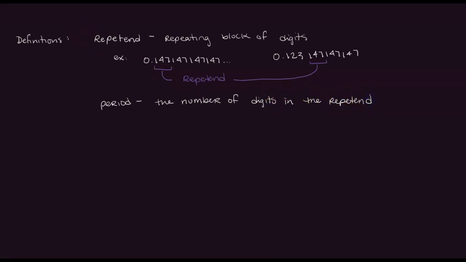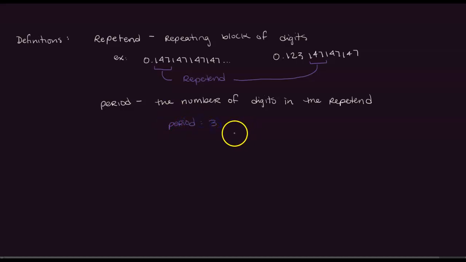So in the example that I talked about with these two repeating decimals, our period, if I could spell period right, our period is 3 because the repeatend has the digits 1, 4, 7, that's 3 digits, so our period is 3.